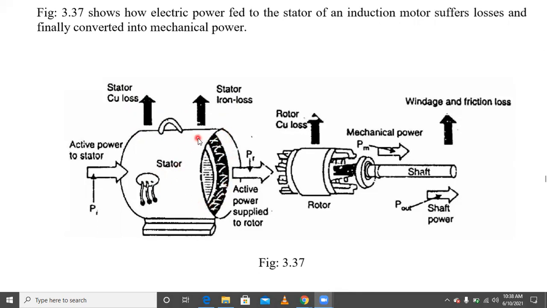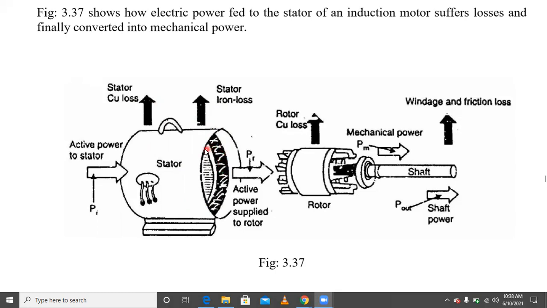So the iron loss takes place in the stator core of the induction machine. In the stator there are two losses: stator copper loss and stator iron loss. In the stator there are different slots in which you place the winding.